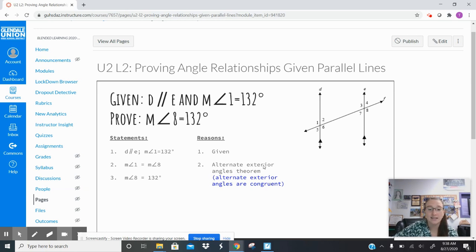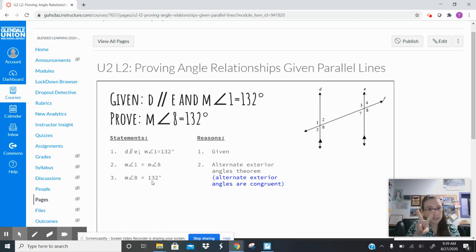So what you can say is they're equal because they're alternate exterior angles, and from your notes, alternate exterior angles are equal. So since we said that angle 1 equals 132 and angle 1 has to equal angle 8, now we can say that angle 8 equals 132.